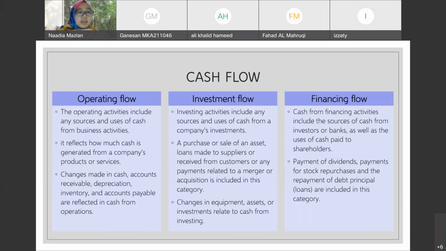Use of cash from business activities reflects how much cash is generated from a company's products or services. For example, changes in cash, account receivable, depreciation, inventories, and account payables are reflected in cash from operation.